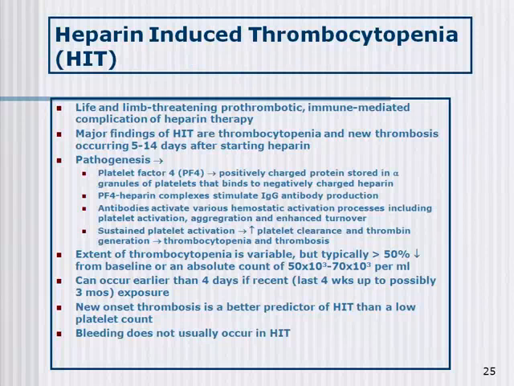So the hallmark of HIT, and the most severe complication of HIT, is thrombosis. These patients tend not to bleed, interestingly enough. Even though their platelets are not functioning properly, they are clumping together, and so bleeding is not normally a major issue in these patients.